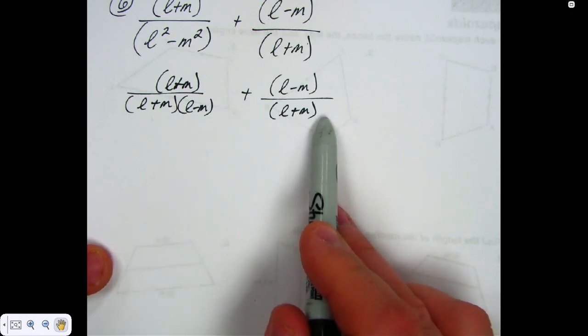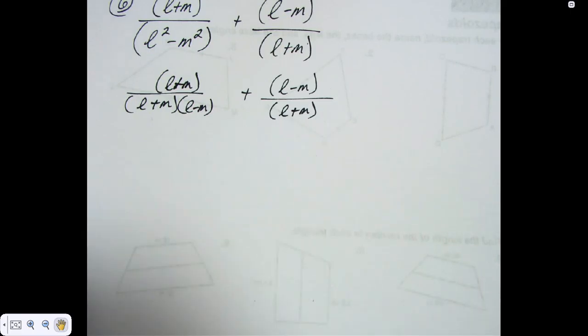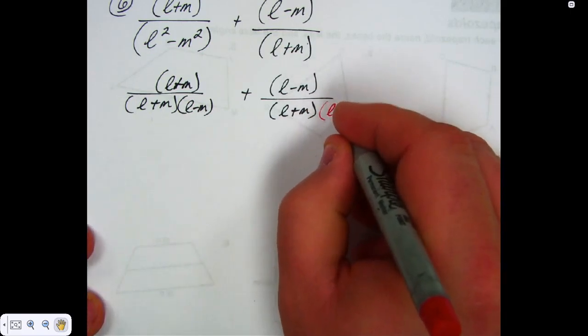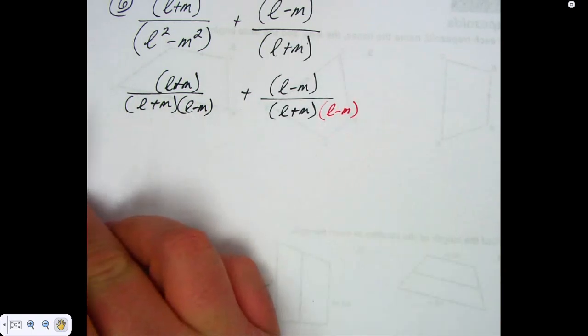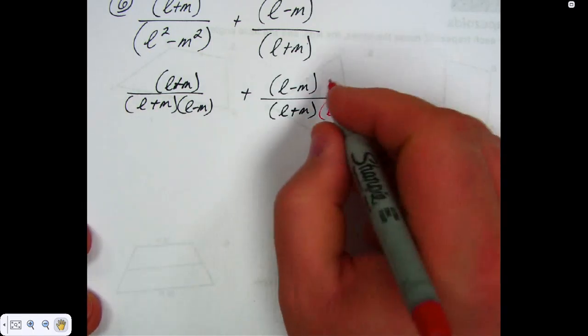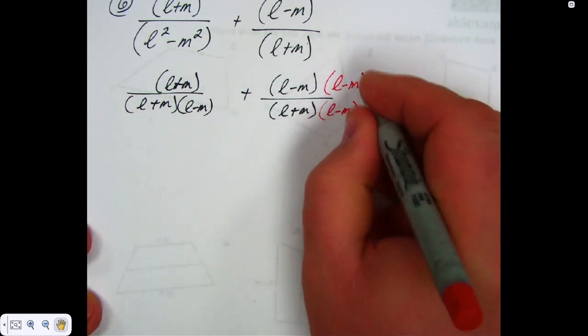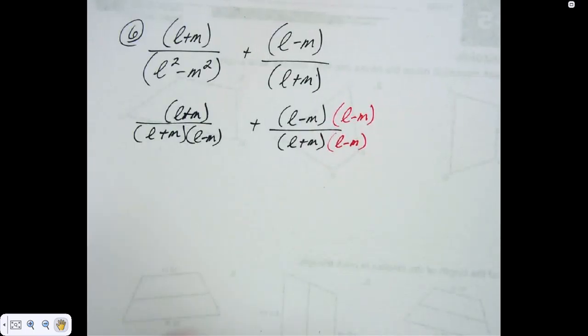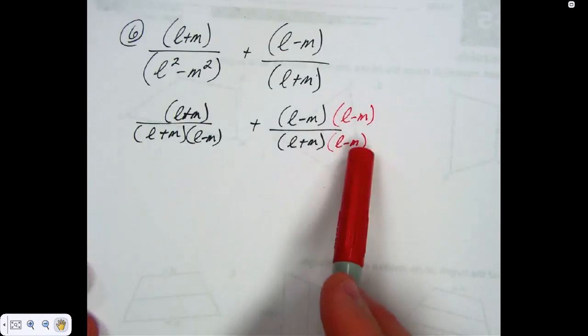But the nice thing is, I could just multiply the bottom by L minus m, and would they now look exactly alike? They would, wouldn't they? It's no different than what you were doing before. Top by the exact same thing. So as a result, by multiplying the bottom by the quantity L minus m, we have exactly the same denominators.